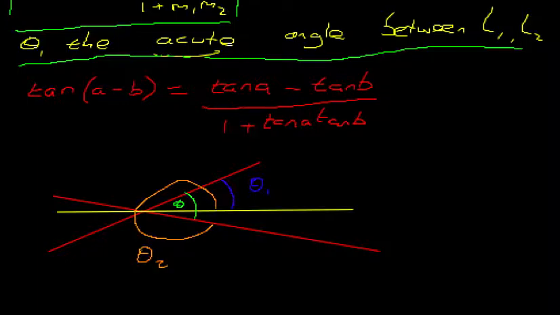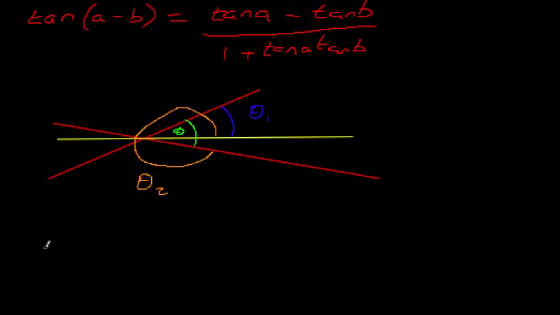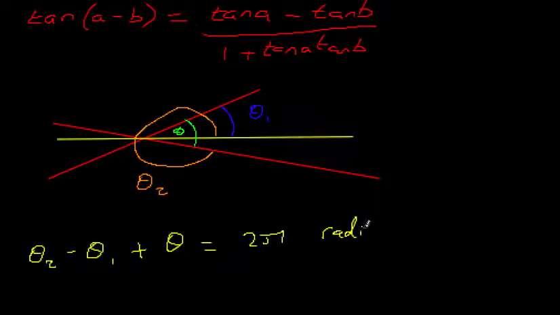So now looking at this diagram, we can see that if we take theta 2 minus theta 1, then that's everything outside of theta, right? If you think where this line is going to be, those two cancel each other out. So, in fact, it's simpler to write theta 2 minus theta 1 plus theta is 360, or we'll use radians, 2 pi radians. I think you can see that from the diagram.